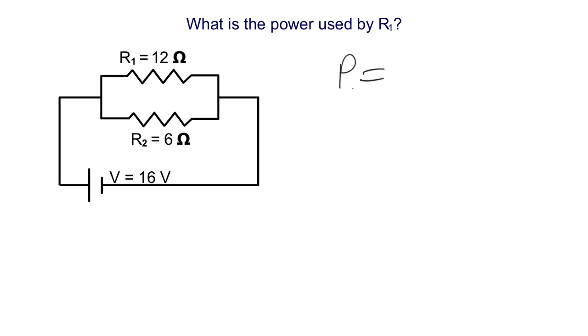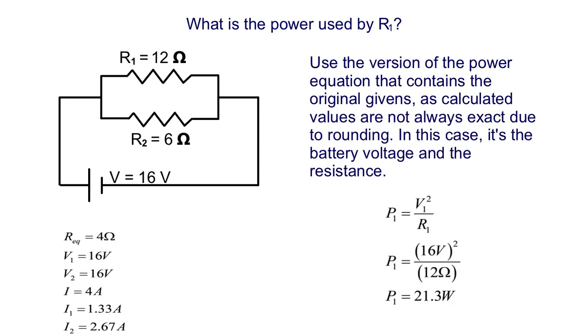So power used up by resistor 1 would be, I already have everything I need. I already found the I, and I have the voltage, which is the same as the total voltage. Okay, so I'll let you look at the next answer for that. The next slide shows it.